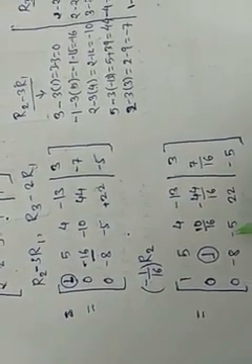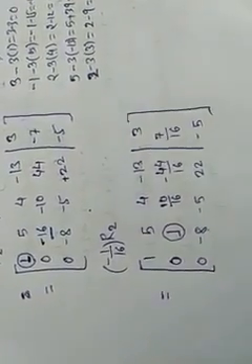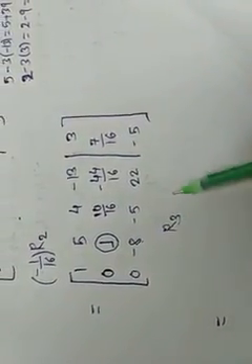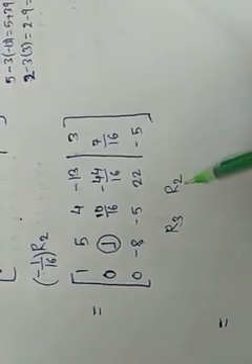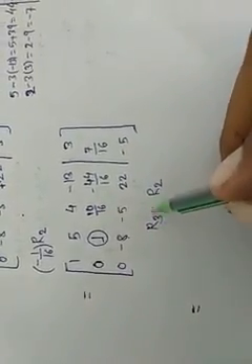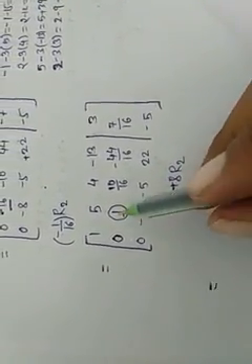Okay, now here is our leading one. We have to make 0 in the position A32. So we have the row operation R3 plus 8R2. So it will be minus 8 plus 8, 0.